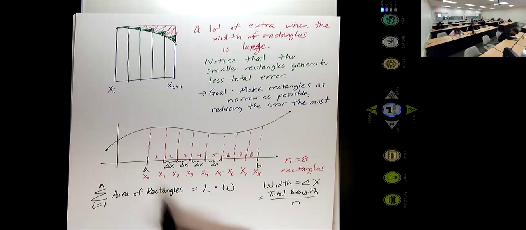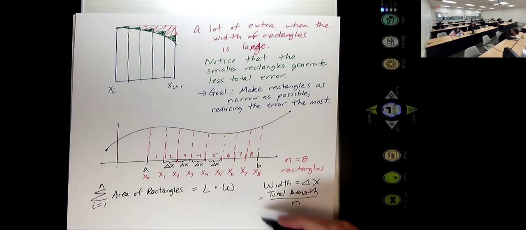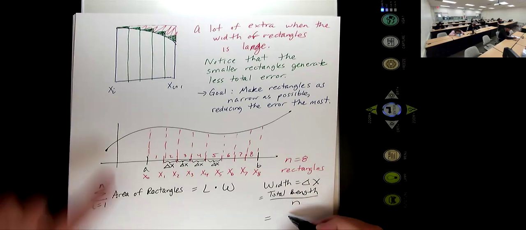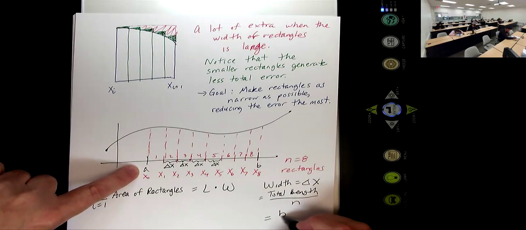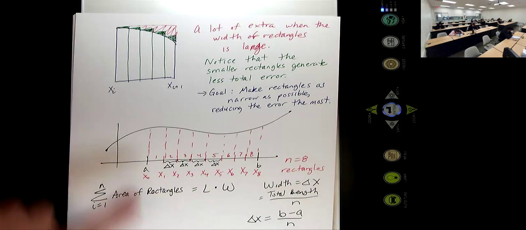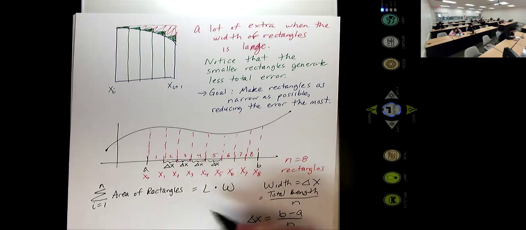We're breaking it up into N rectangles, so we divide by N and we should get the width of each rectangle. Well, the total length, if we're going from A to B, is B minus A over N. That's delta X. So that's my width.